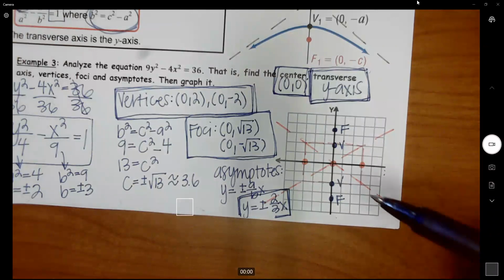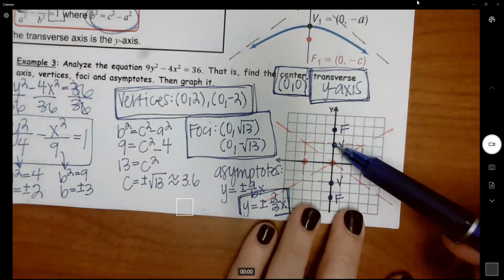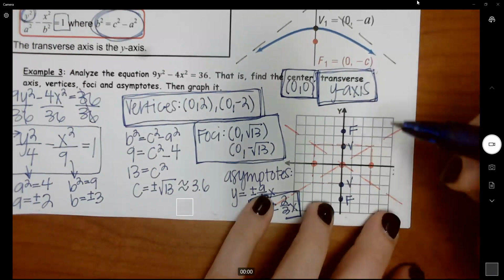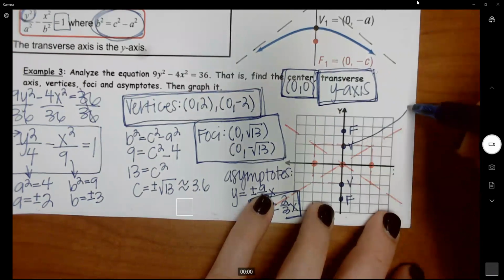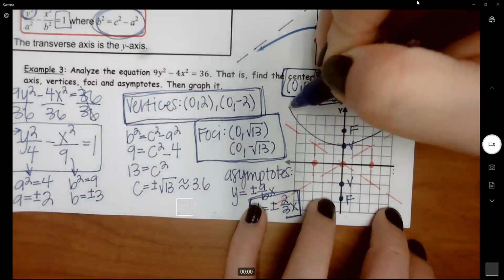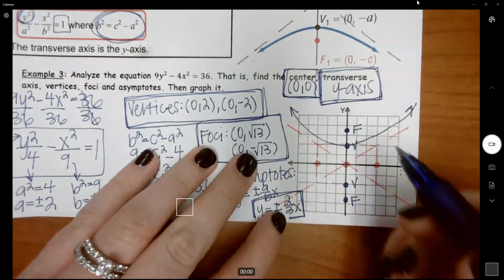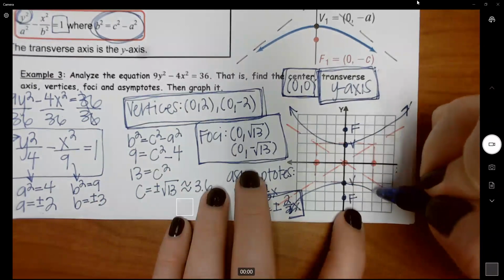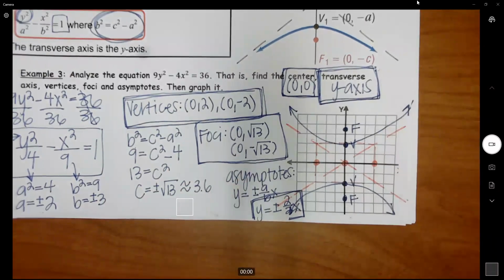So then we'll go from vertex and we will make this thing hug these asymptotes here. So this is a pretty wide hyperbola. Oops, and off the page. Same thing here. Vertex, hug that asymptote. Vertex, hug the asymptote. So my hyperbola is right there in blue.